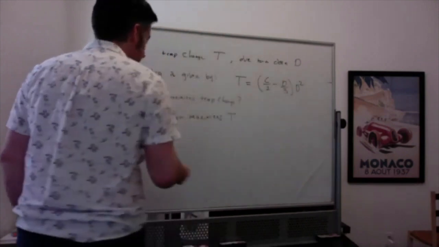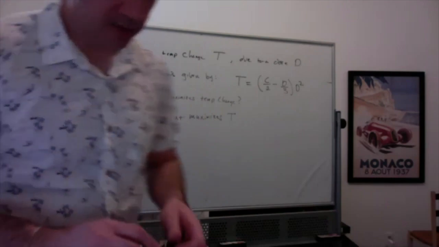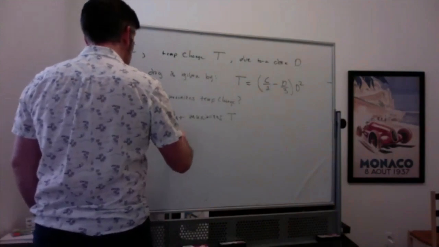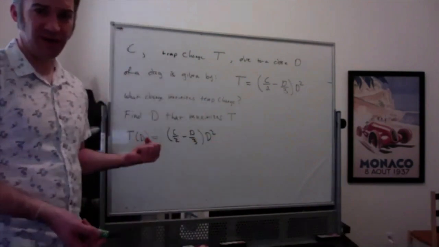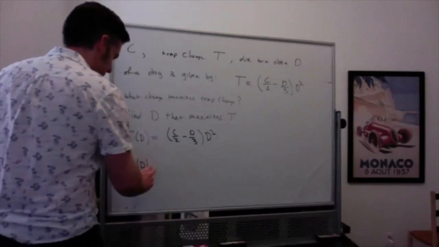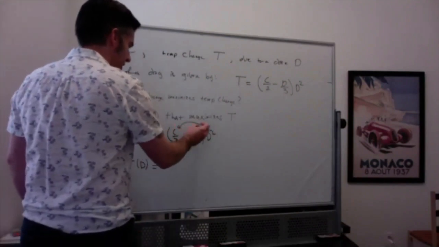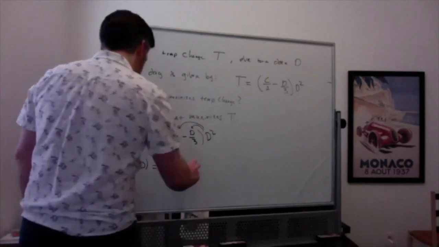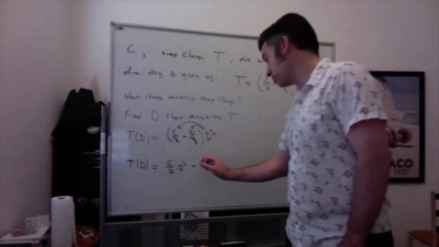I think it's going to be easier to differentiate T as a function of D if, instead of writing it as C over 2 minus D over 3 times D squared, I multiply the D squared through and write T of D. I'm just writing T as a function of the dosage D. If I distribute this, I can write it as C over 2 times D squared minus D squared times D, which is D cubed over 3, or 1/3 D cubed.